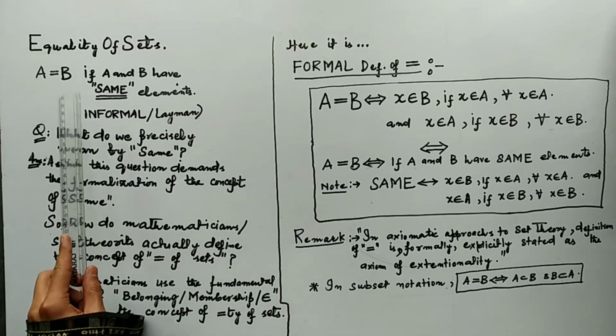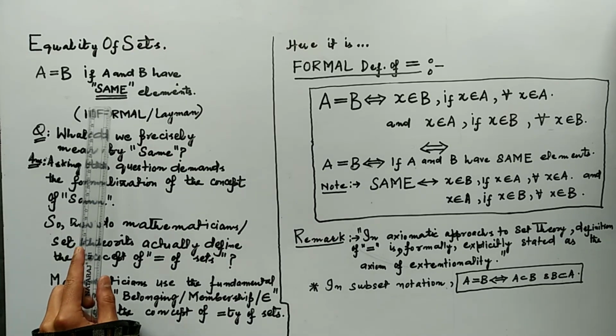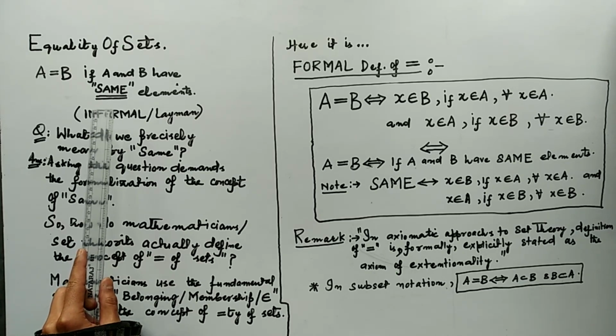Why? This definition itself raises several questions. What do we precisely mean by the word same? If you are asking such a question, it means that you are more rigorous. And obviously, this definition lacks precision.